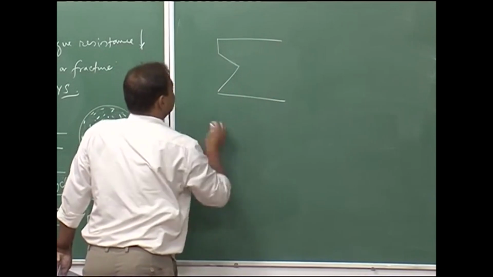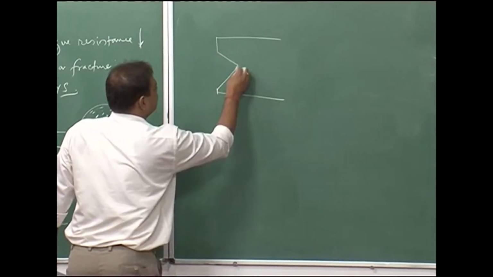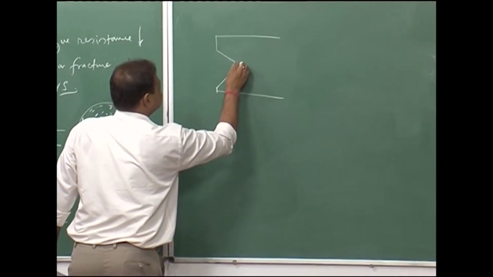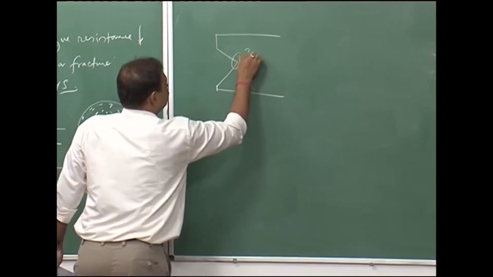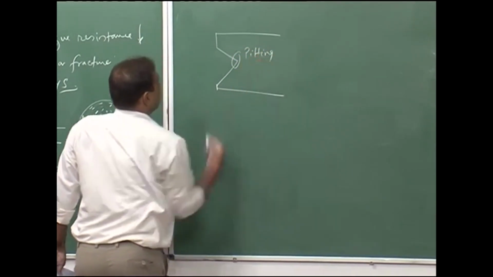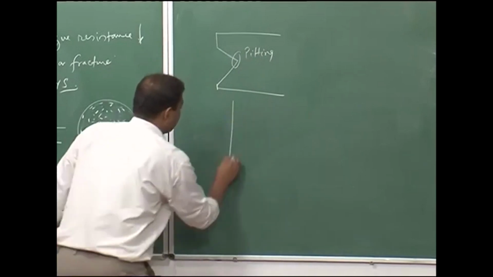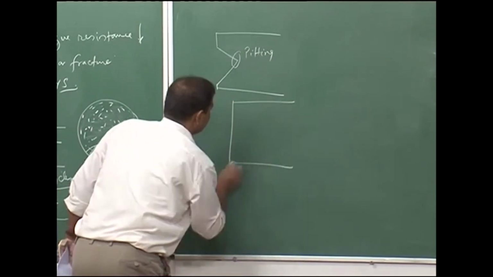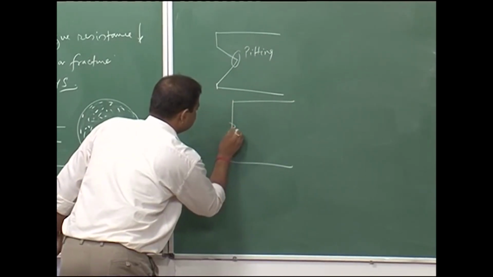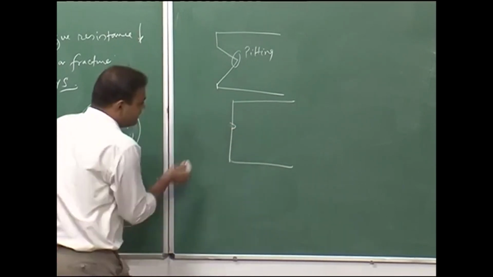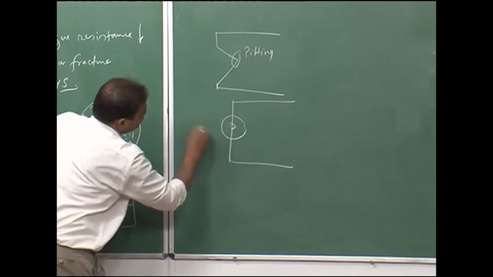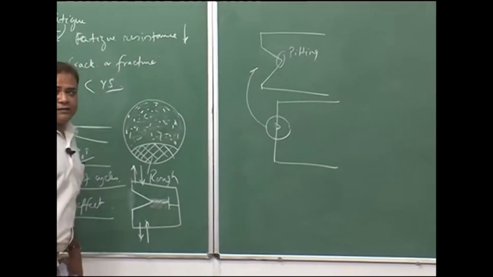And the mechanism says that, for example, on this zone, this is my crack tip, and if you have a pitting here, or even if you do not have a crack, let us say this is my surface, and if we have a small pit, and if you zoom it, it would look like a crack.